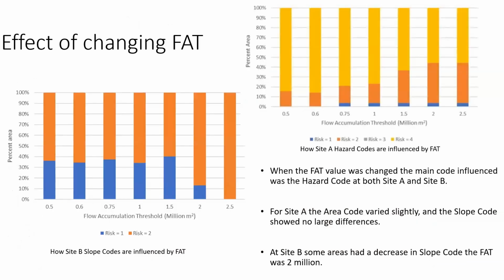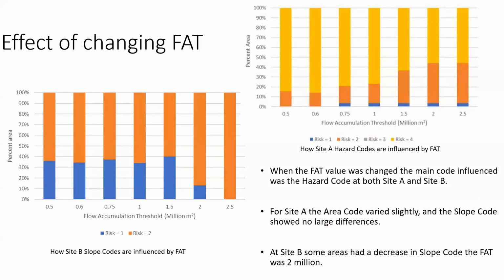When we changed that flow accumulation threshold, I found that the main risk code that was influenced was the hazard code. That's from the ESC class, and that's shown in that graph in the top right. You can see as the flow accumulation threshold is increasing, it's going from a risk of 4 down to a risk of 2. So that's basically your catchment getting bigger, and then within that catchment, there are multiple ESC classes.